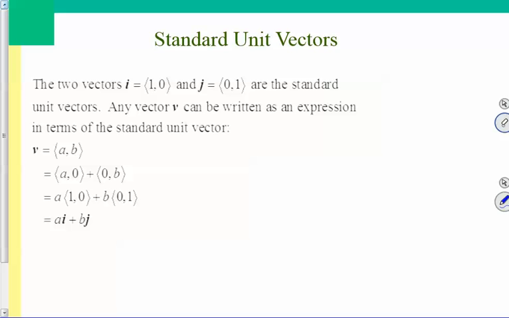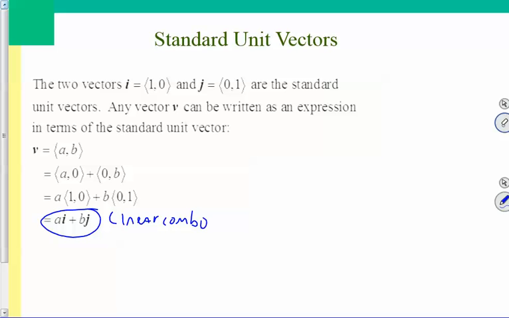Here the vector v, (a, b), is expressed as a linear combination. Technically this part right there is called the linear combination, because if you put it together it will make a line, so to speak.